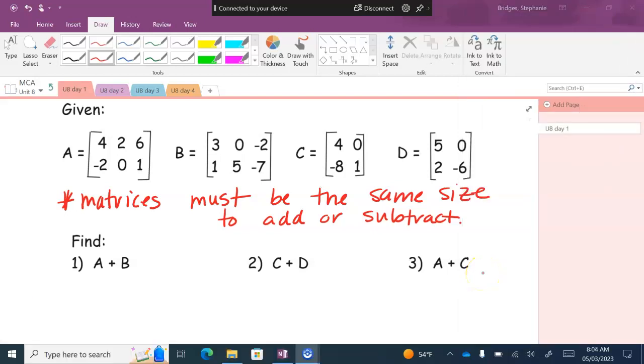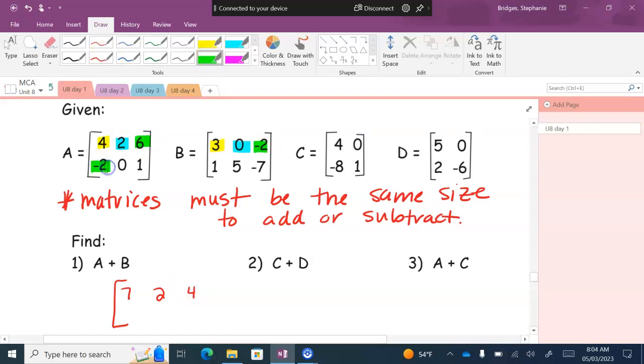All right, so again, to add A and B, they have to be the same size. Same number of rows, same number of columns, which they are. And then we just do one element at a time. First row, first column, we add. That gives us the number that goes in our first row, first column. Then we do the same thing. 2 plus 0 gives me 2. 6 plus -2 gives me 4.